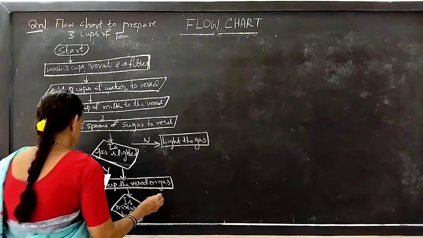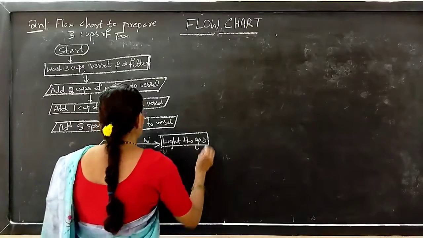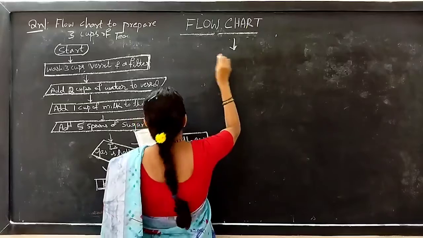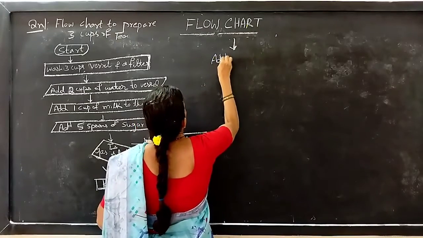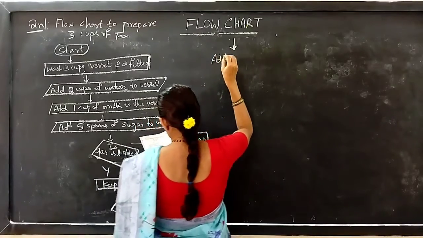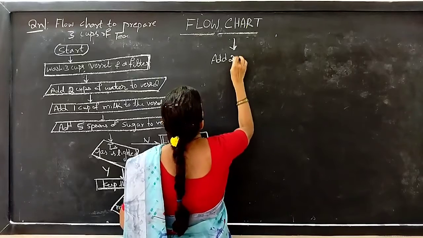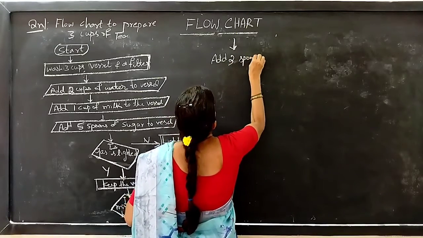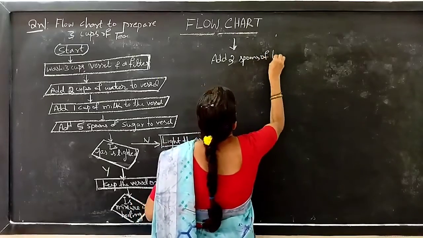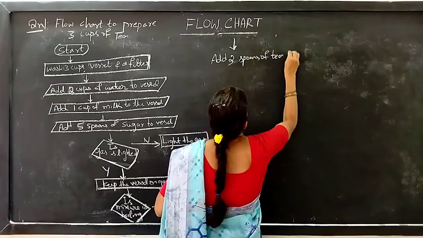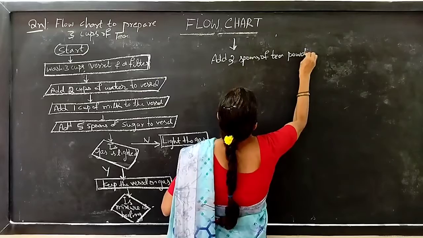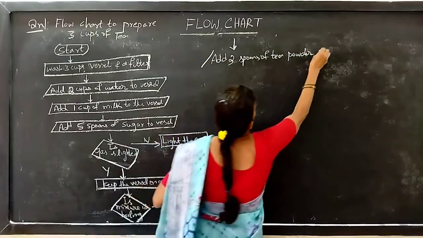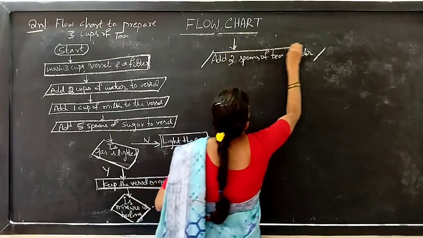If it is yes, you have to add 3 spoons of tea powder to it. So that is also represented using a parallelogram.